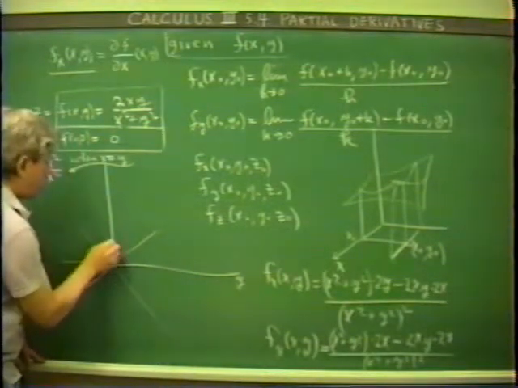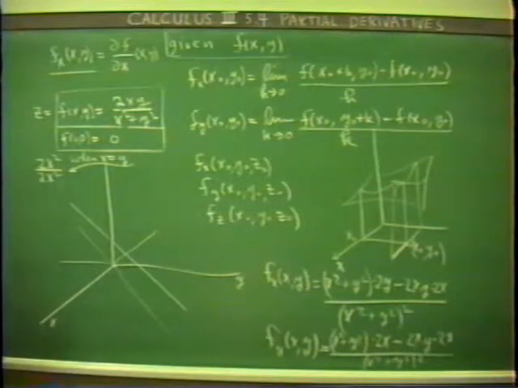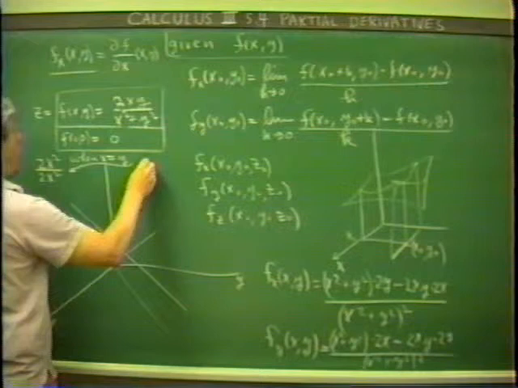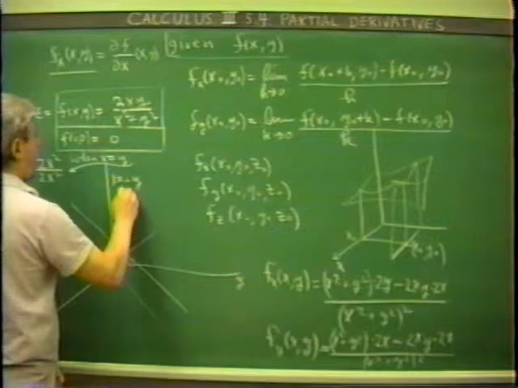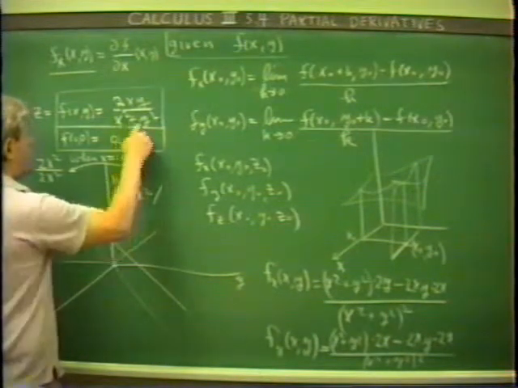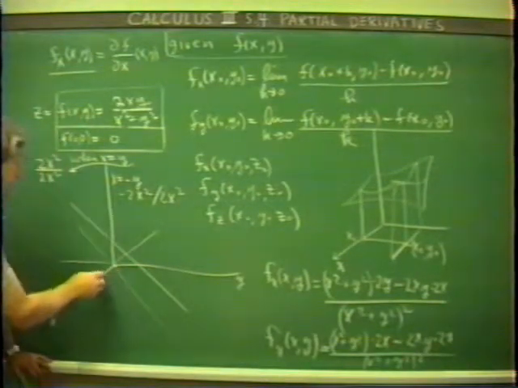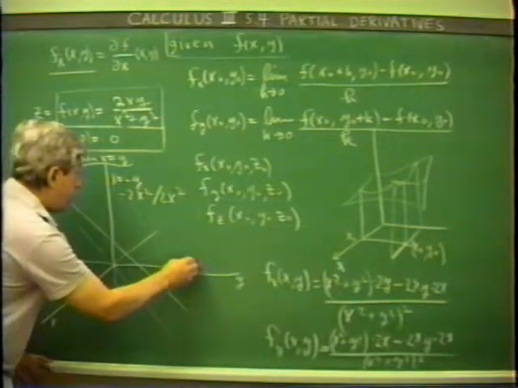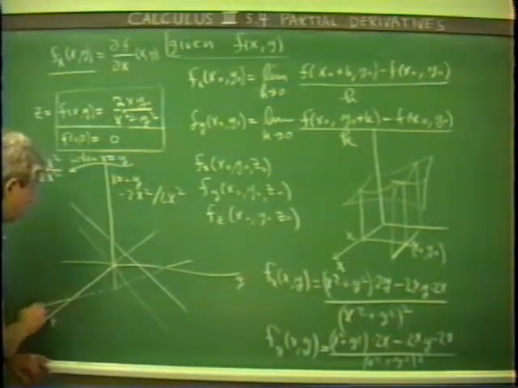So consequently, above the line y equals x, the function is 1. Likewise, if we let x equal minus y, then we have minus 2x squared over 2x squared, or minus 1. So the graph of the function along the line y equals minus x is minus 1. So the function is down over here, like so.